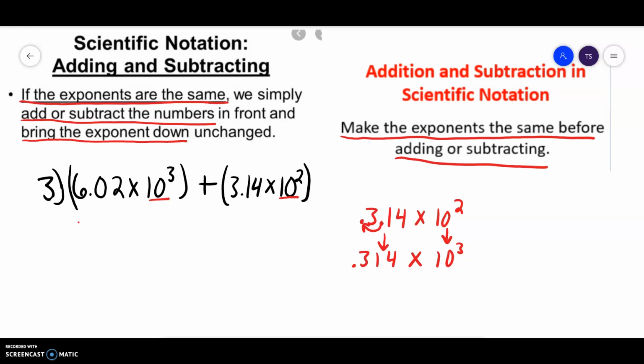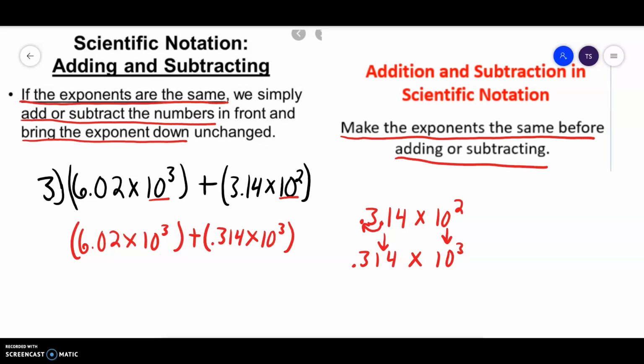So now I'm going to rewrite what we have. Now I have 6.02 times 10 to the third power plus our new number 0.314 times 10 to the third power. Okay, so now as you can see, we made our exponents exactly the same. Okay, so now we can do what we were doing before.